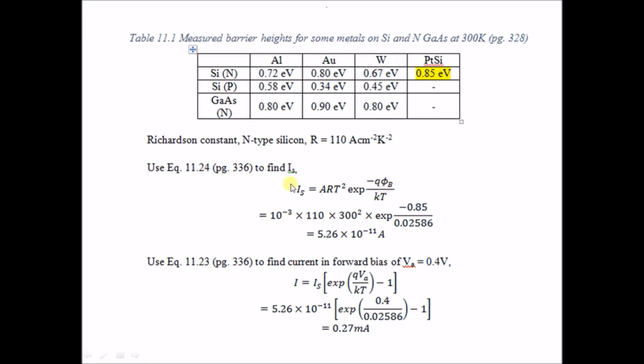After that, we need to know the current in forward bias, which is what we want to find. So I equals this equation, and when we calculate, we get 0.27 milliampere. So this I_S, we put it in this equation, and then we can calculate the current.